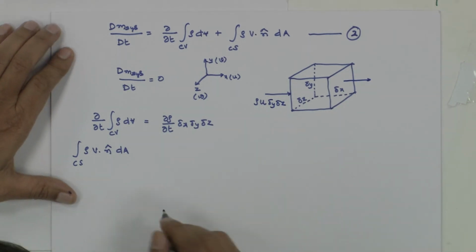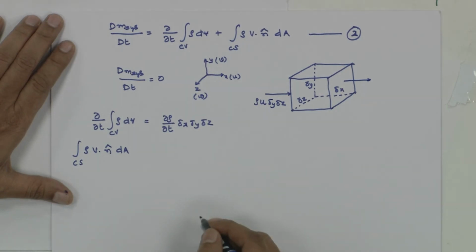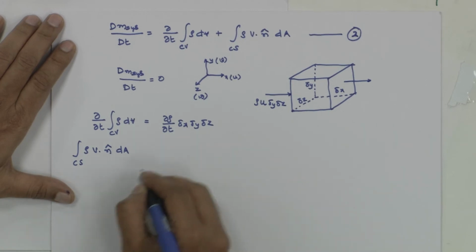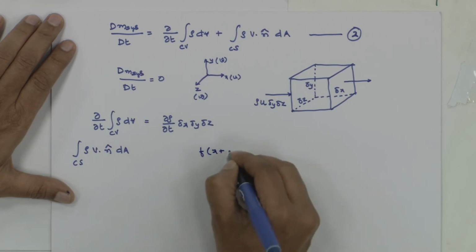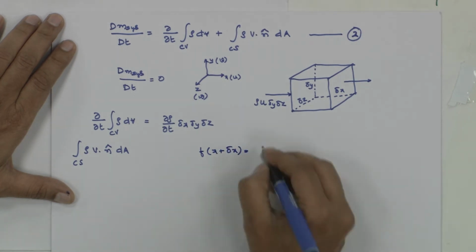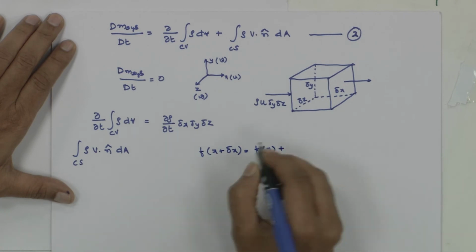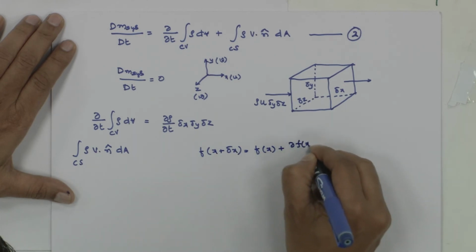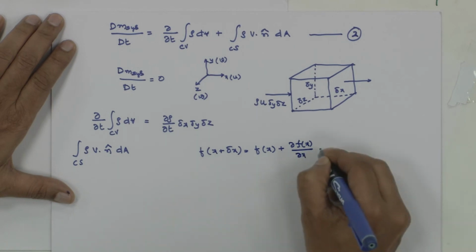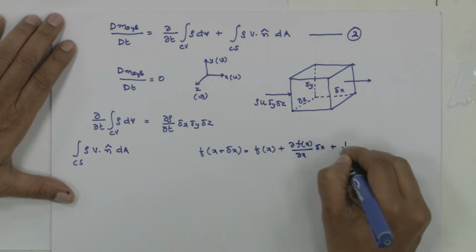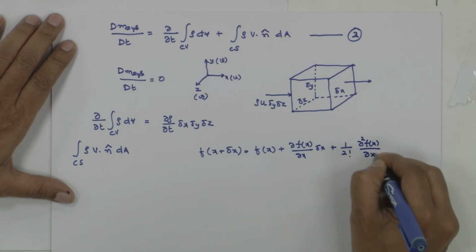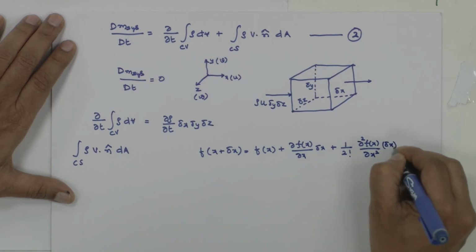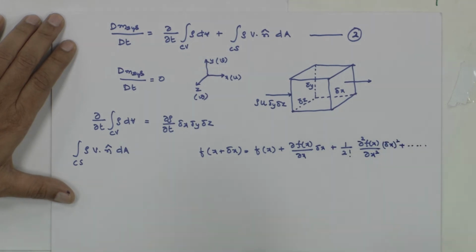To get that we have to invoke the Taylor series expansion. What does the Taylor series expansion say? It says that f of x plus delta x equals f of x plus del f of x upon del x times delta x, plus 1 by 2 factorial del squared f of x upon del x squared times delta x squared, plus all higher order terms.